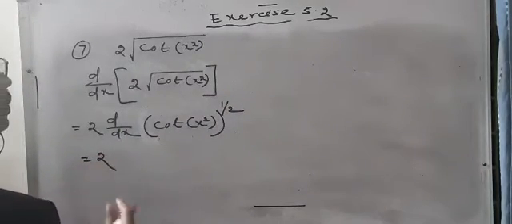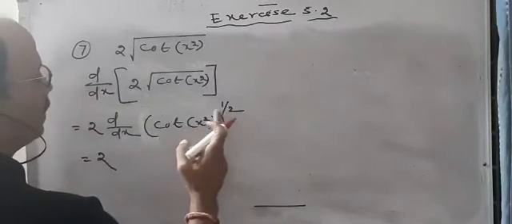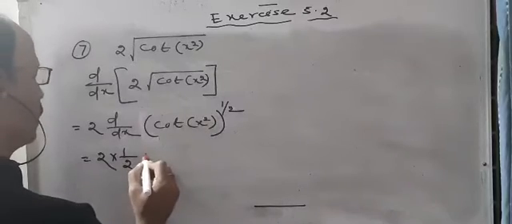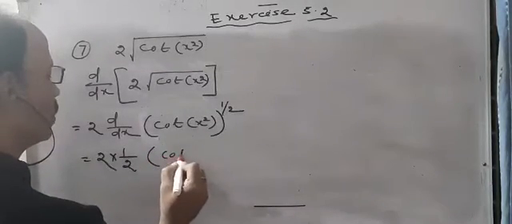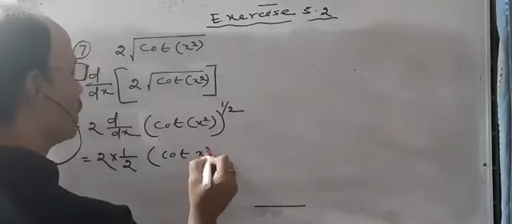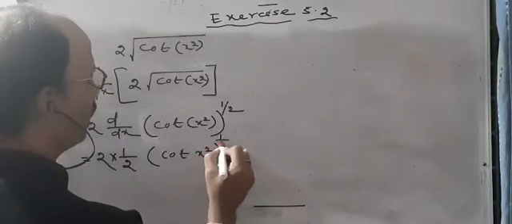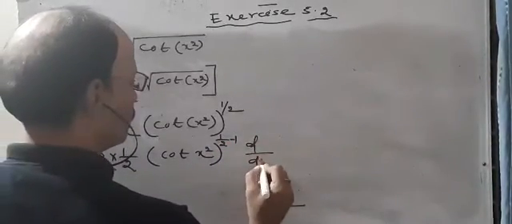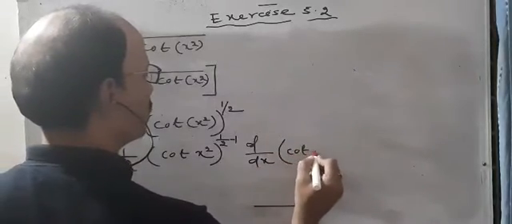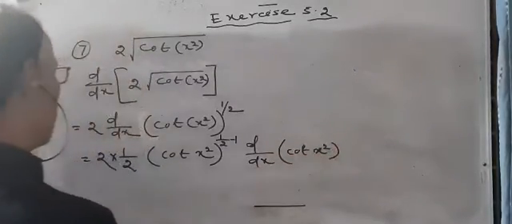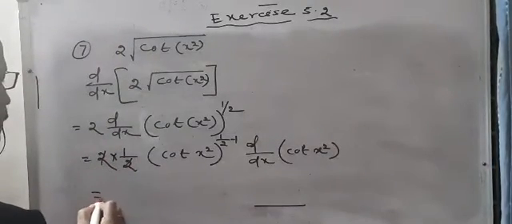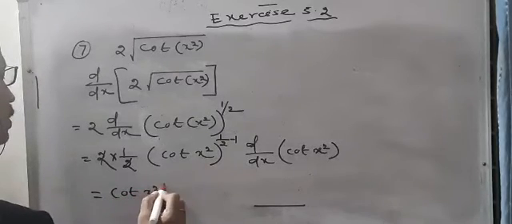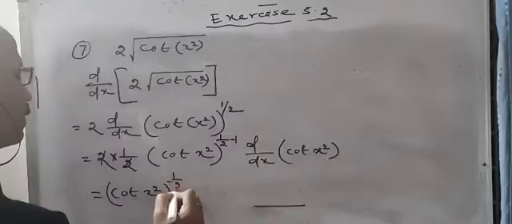So now it will be 2, the power here alongside, then we may write cot x square to the power half minus 1, then d/dx of cot x to the power 2. So 2 will be cancelled. Now here it will be cot x to the power 2 to the power minus half.